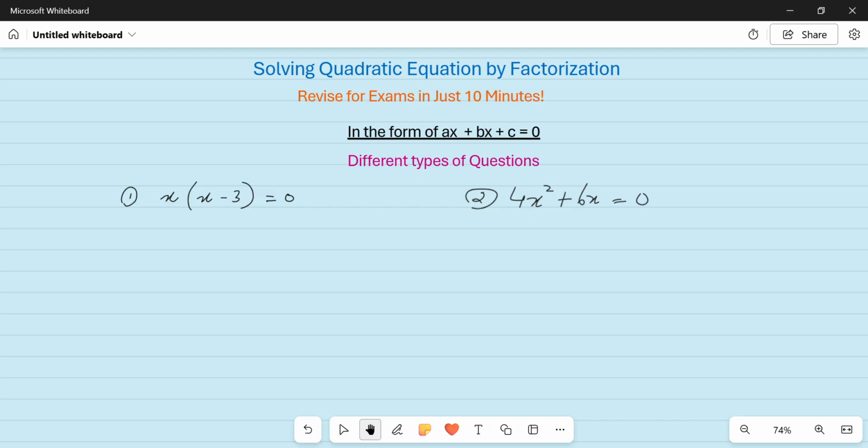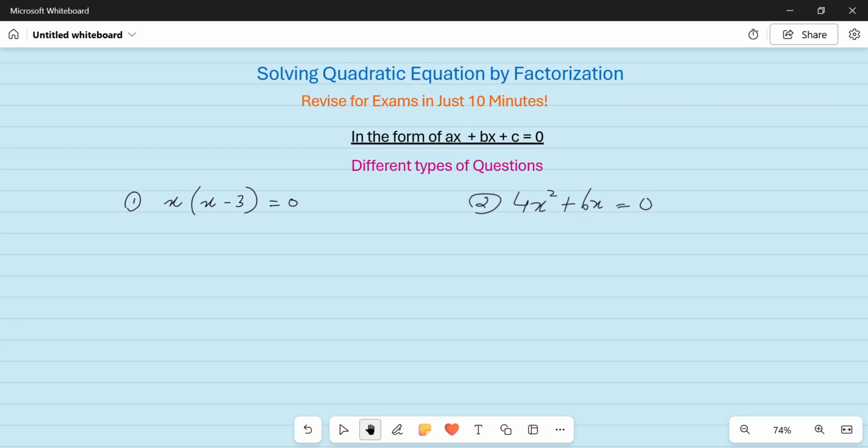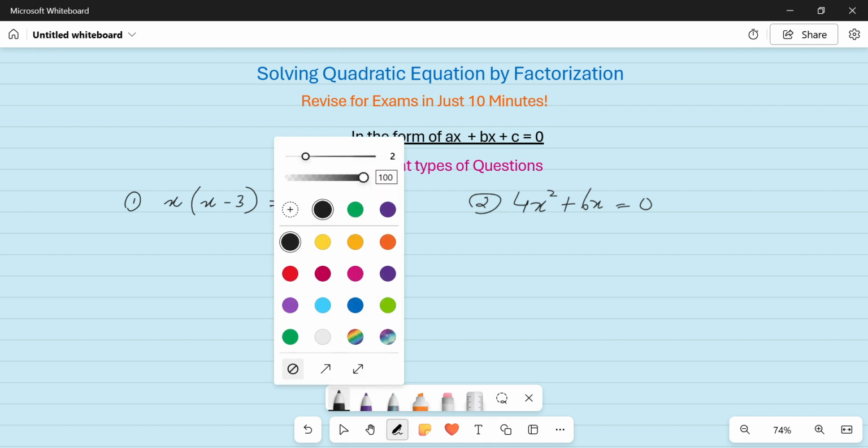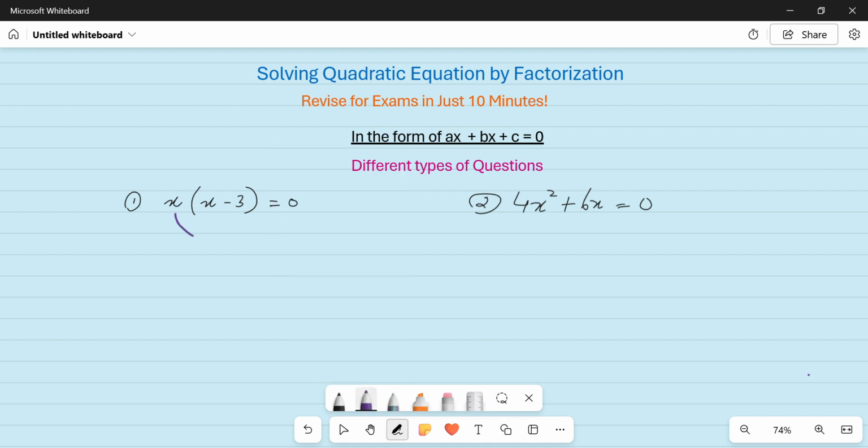So the first one, as you can see here, whenever the result is 0, then you will get two x values, right? So this x equals 0, right? And this bracket x minus 3 equals 0.